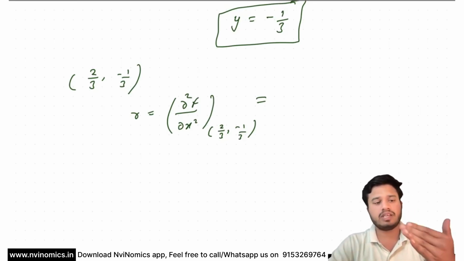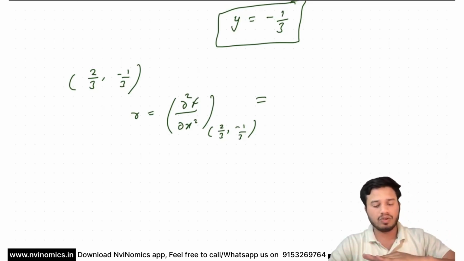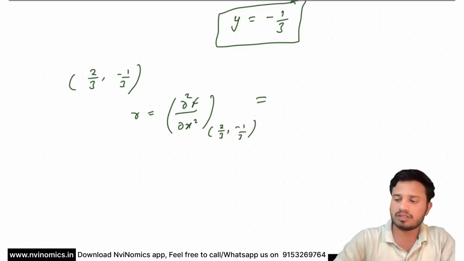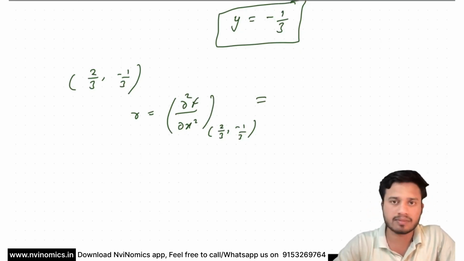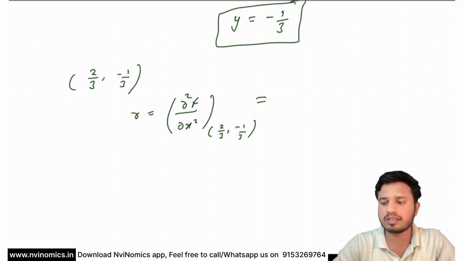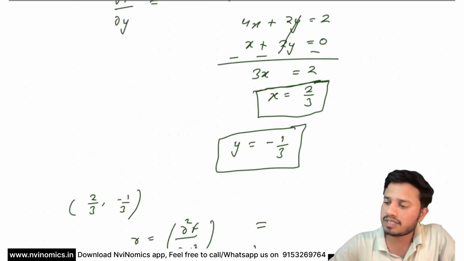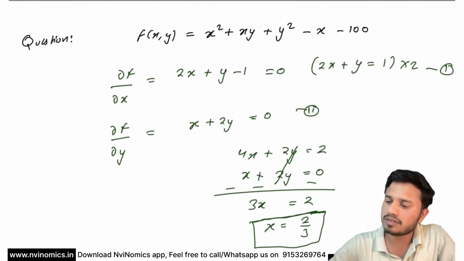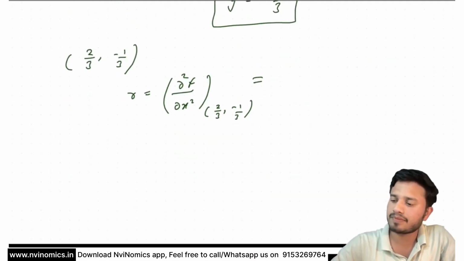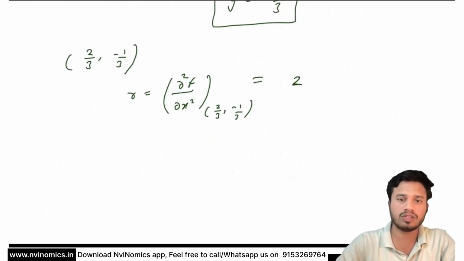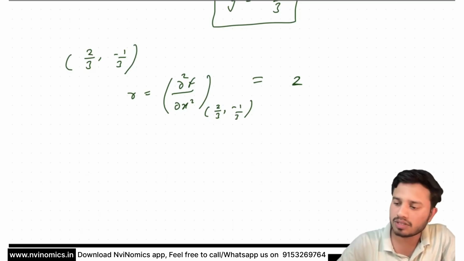That means either we are at a local minima or a local maxima. Now I'm looking at whether this is a local minimum or local maxima with our conditions above. So what will be the second derivative of the equation? It will be 2 only. So no point of putting these values.